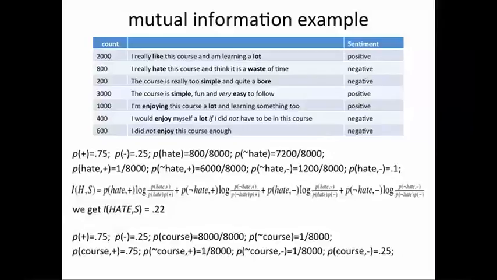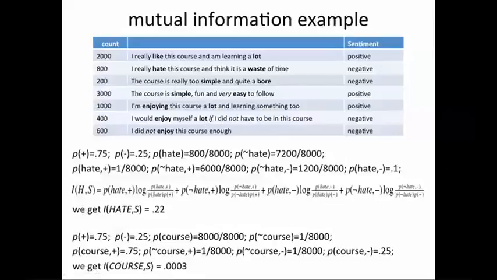In fact, it occurs in all comments. And similarly, the probability of a coarse in negative comments is just the probability of negative comments because it occurs in all comments. And not coarse doesn't occur, so again we smooth this. The resulting mutual information is 0.003. So what this is saying is that a word like coarse, which occurs everywhere, is not able to tell me anything about whether a sentiment is positive or negative.